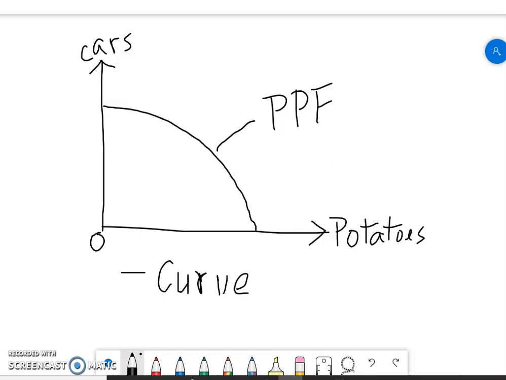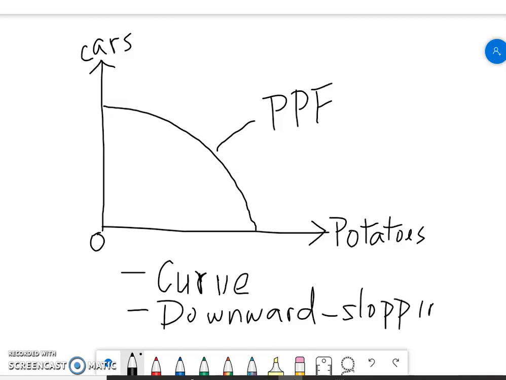It's actually a curve. More specifically, you would find that the PPF slopes downward. It's just like the demand curve. So it's a downward sloping curve.